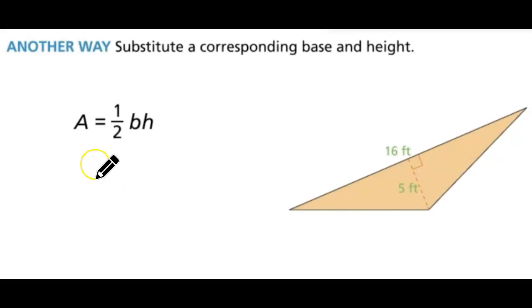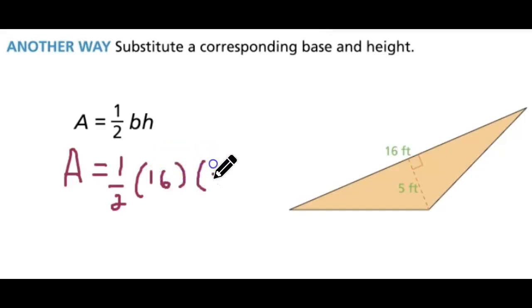Again, substitute the values into the formula. We have 1/2. This time our base is 16 and our height is 5. We also know that 16 times 5 is 80. So 80 times 1/2 or divided by 2, we still get 40. And our units are still square feet.